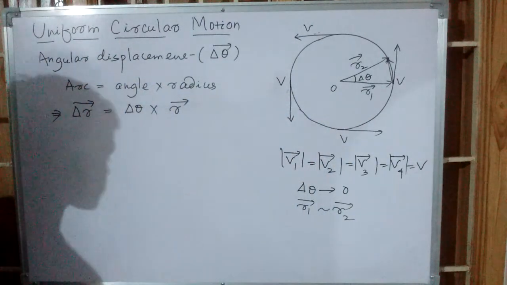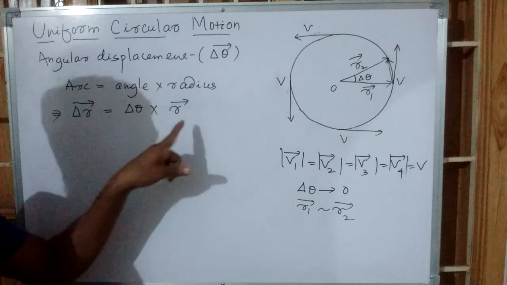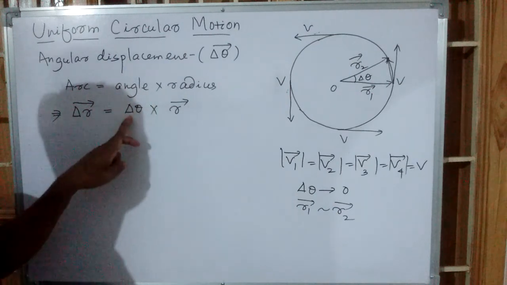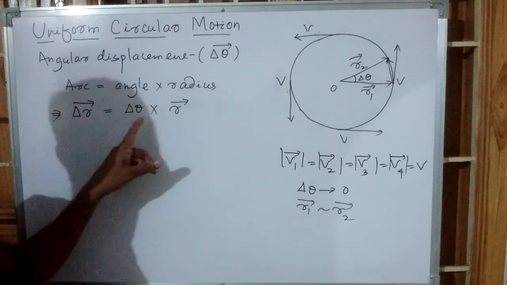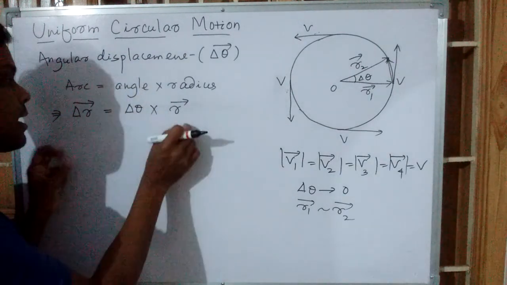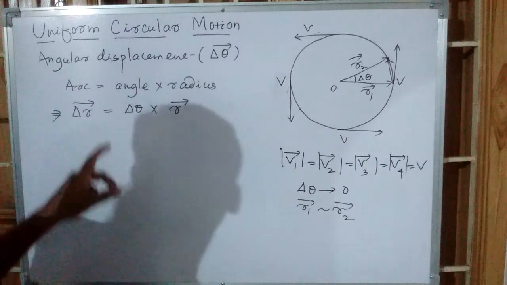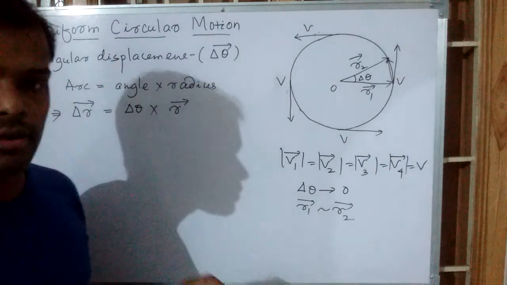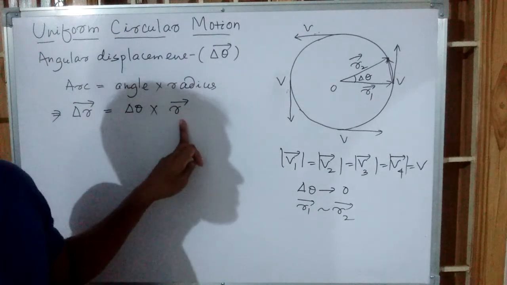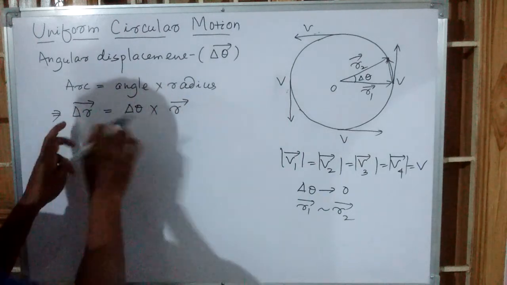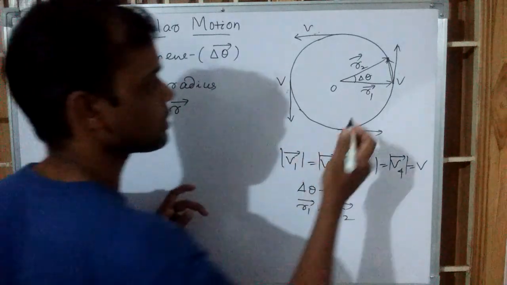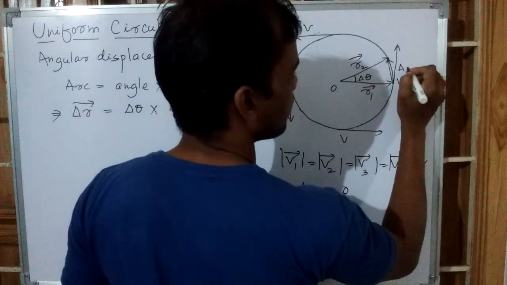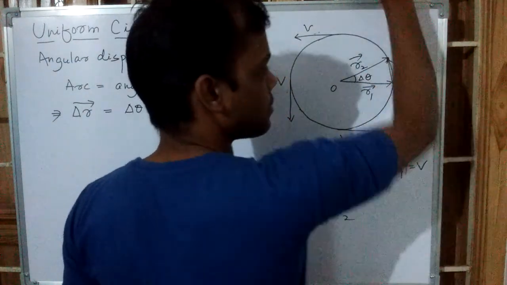Now the question is, del R is a vector, R is a vector. If del theta is a scalar, then del R and R should have the same direction, because a scalar multiplied with a vector does not change the direction of the vector. So del R direction should be equal to R direction. Now let us check. Del R is vertically upward.